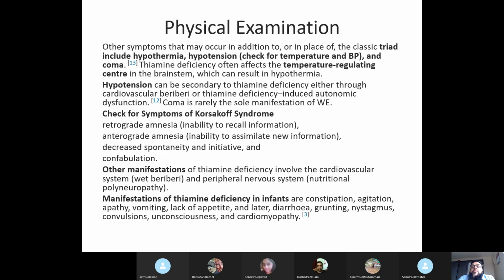It is important to do the vital signs anyway, because hypothermia can be there, hypotension can be there, and then you can see restlessness as well. And then you can also check for the symptoms of Korsakoff syndrome, usually in the later stages when the Korsakoff has started.